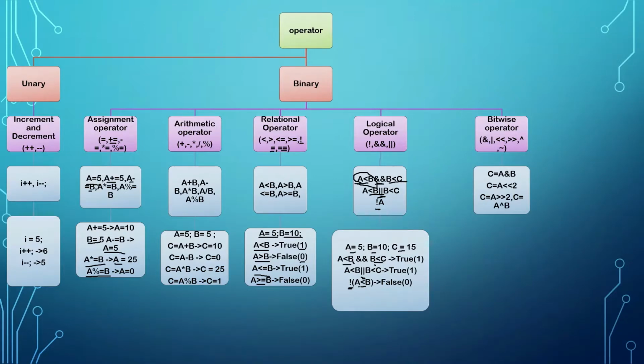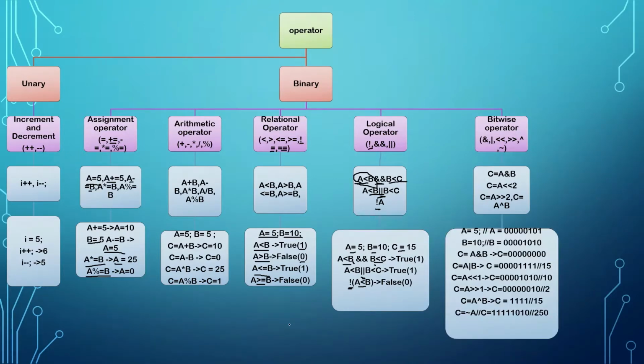It operates on the bits. Here in this example, A equal to 5 and B equal to 10. We are performing the AND operation on A and B. AND means when both values have 1, it returns 1. Otherwise, in all other cases, it returns 0.